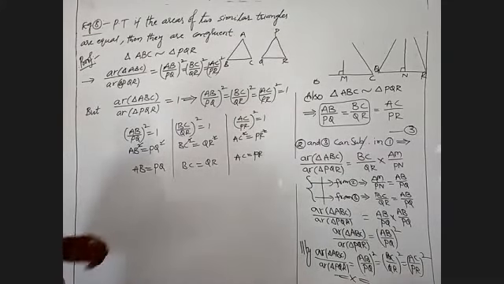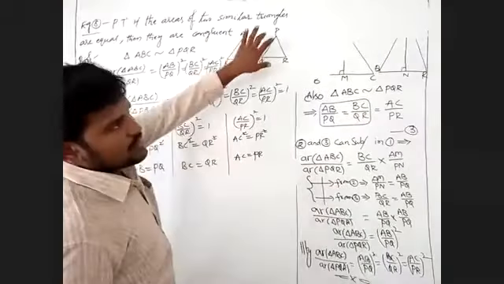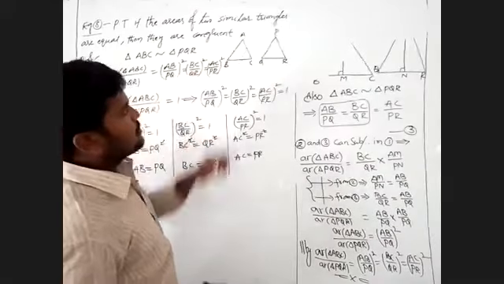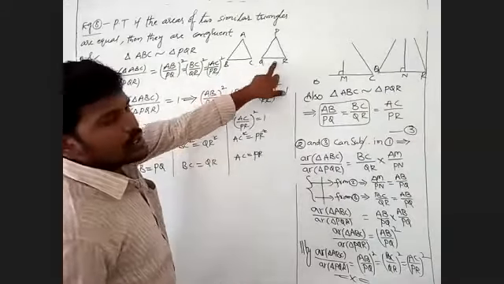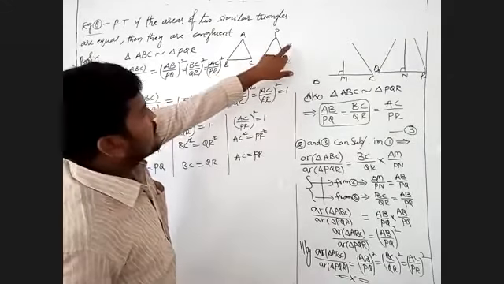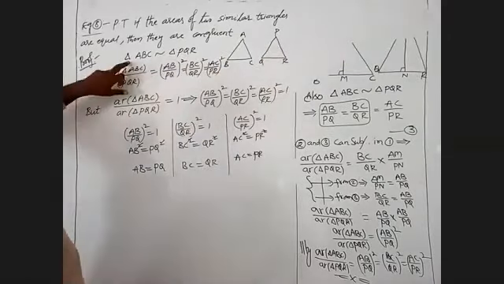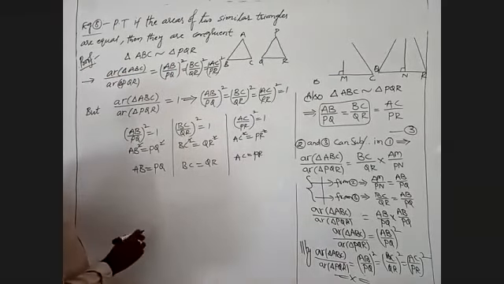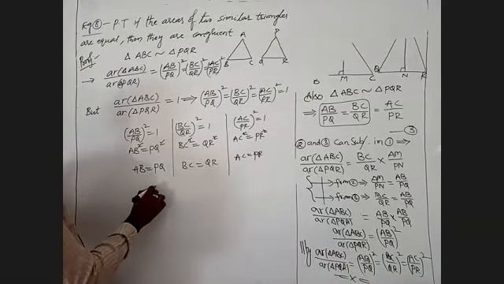In the similar triangles class, I told what the difference is between similarity and congruence. When they are congruent, all the sides of both triangles are equal: AB is equal to PQ, BC is equal to QR, AC is equal to PR. Along with triangle ABC being similar to triangle PQR, the given triangles are congruent.